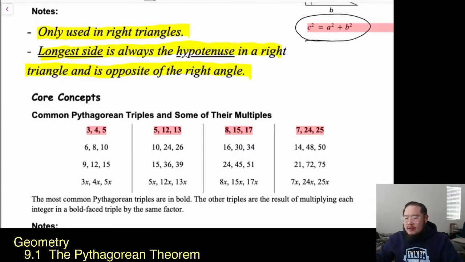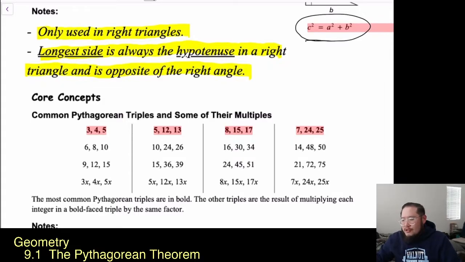Because in geometry, algebra 2, all of your math classes from here on out, where they talk about triangles, these numbers will pop up quite often, and especially in the SATs, they're not expecting you to do every single calculation. They want to see if you know some of the shortcuts here. Do you know some of these theorems?